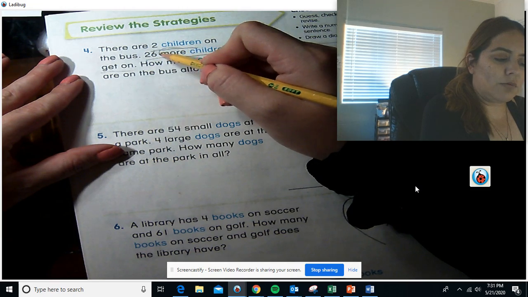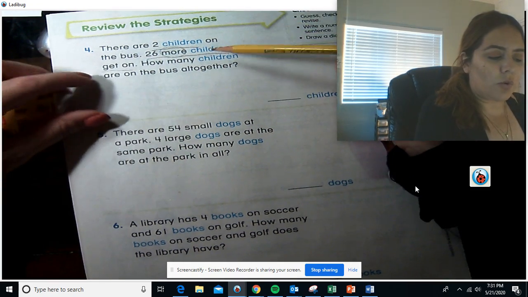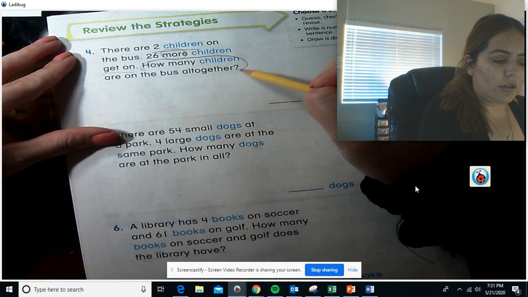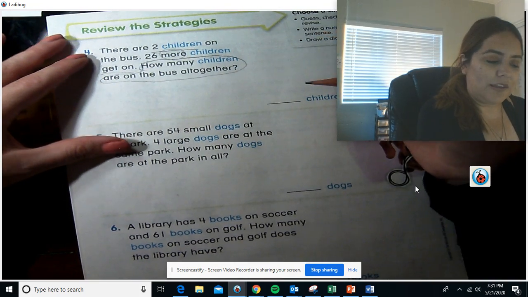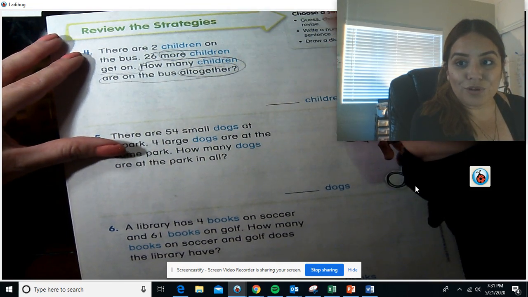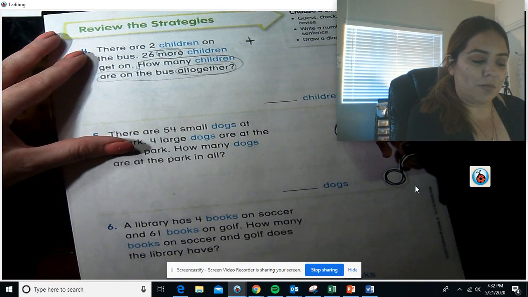So more is a keyword too. That tells us that we're going to add these numbers. How many children are on the bus altogether? Altogether means we're going to add these 2 numbers.